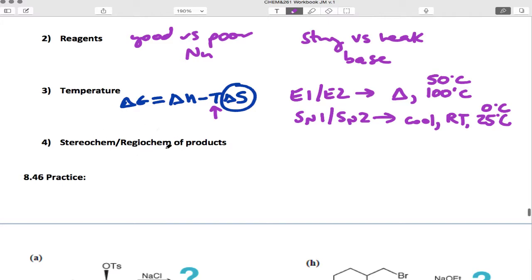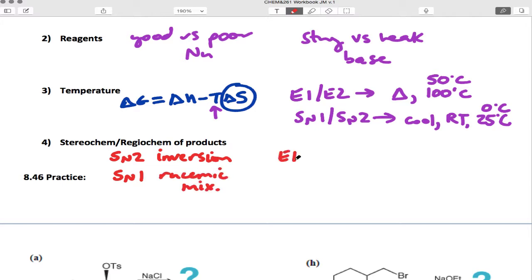And then also stereochemistry, I want you to keep track of both stereochem and regiochem. What that means is, remember, for SN2, we have inversion. So if something is chiral with a center that is R, then the product is likely to be S. We have SN1 is racemic mixture, if it's chiral.